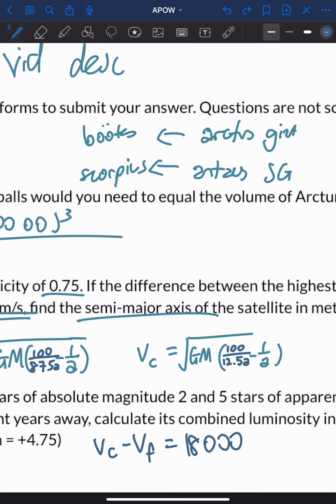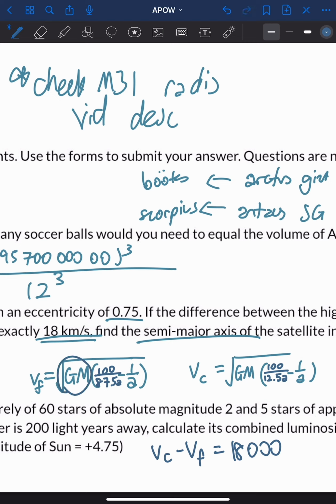So what does this mean? I'm going to explain this first and then I'll take it out so that it's easier for you to understand, because I'm running out of space. Basically, because they both have square root GM, we can take square root GM out, and then move it down here to make life easier.